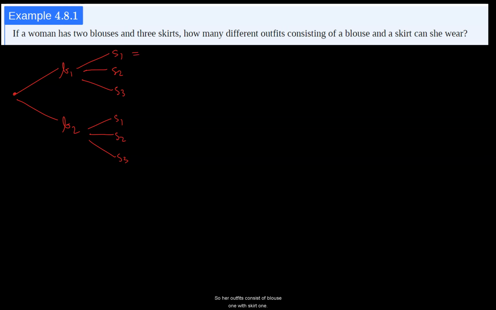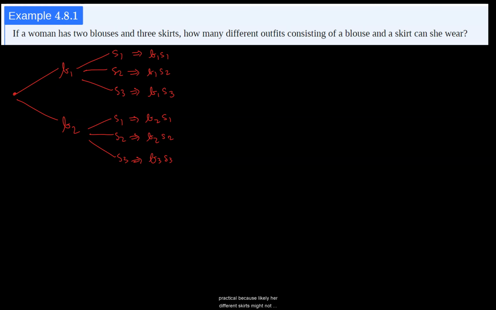So her outfits consist of blouse 1 with skirt 1, blouse 1 with skirt 2, blouse 1 with skirt 3, or blouse 2 with skirt 1, blouse 2 with skirt 2, and blouse 2 with skirt 3.